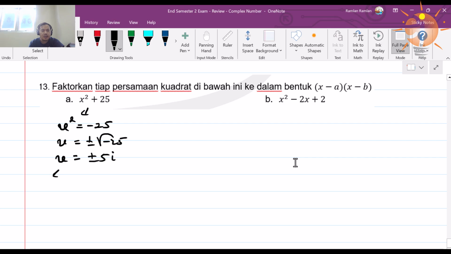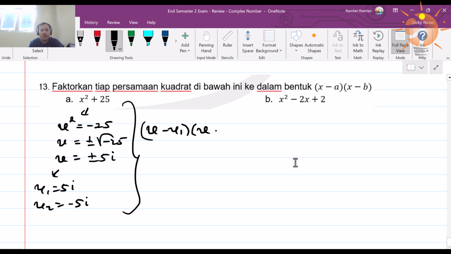So you will have 2 values of x: x1 equals 5i, and x2 equals negative 5i. If you want to write it down, you write x minus x1 multiplied by x minus x2. So a and b are basically just x1 and x2. You just plug in, so there'll be x minus 5i, and then the other one is x minus negative 5i, which can be positive, like that.